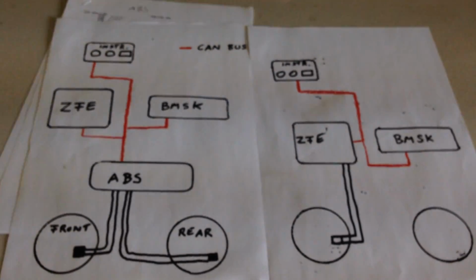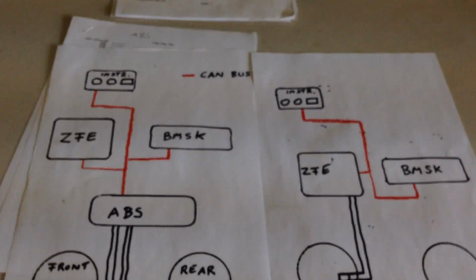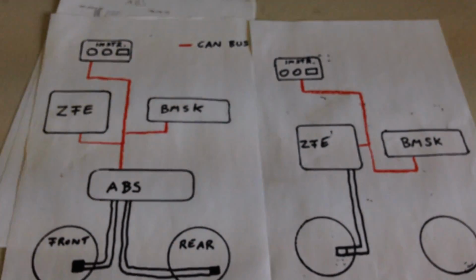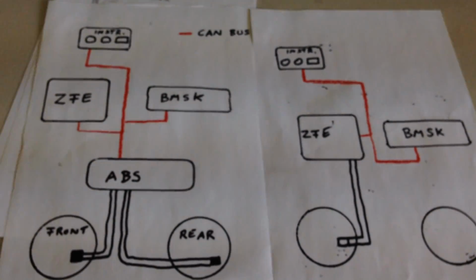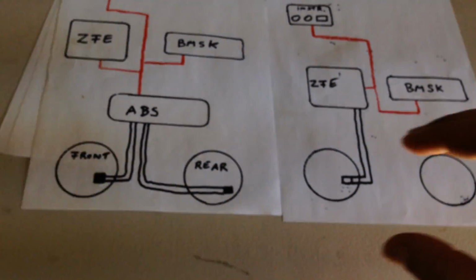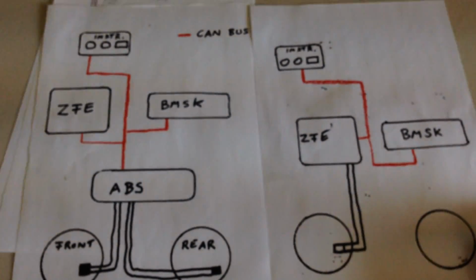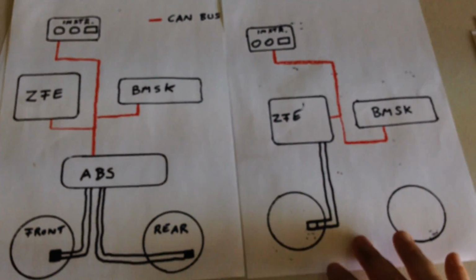I mean, I know a lot, I can do a lot, but that would be something that not even I would touch, because if I were to do this wrong, no, I'm not going to touch it. So this is a little bit about the ABS system, how it works, and the difference between ABS and non-ABS.